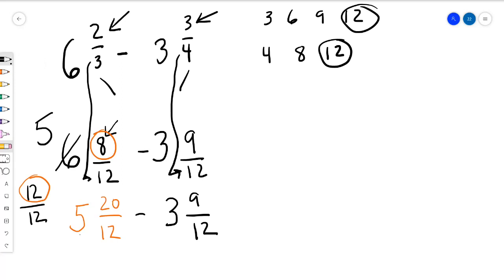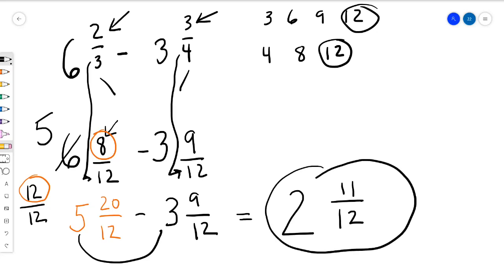I'm going to subtract my whole numbers, and that gives me 2. And I'm going to subtract my fractions, 20 over 12 minus 9 over 12, and that gives me 11 over 12. Did I do that right? Sometimes when I'm doing these problems, I make errors, and I don't catch them until I watch it a second time.